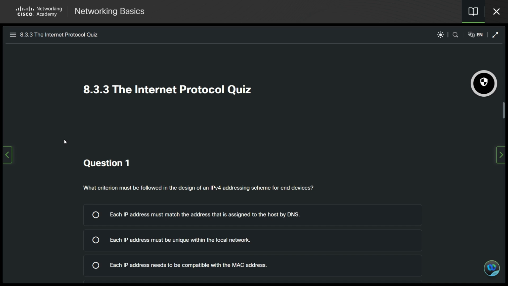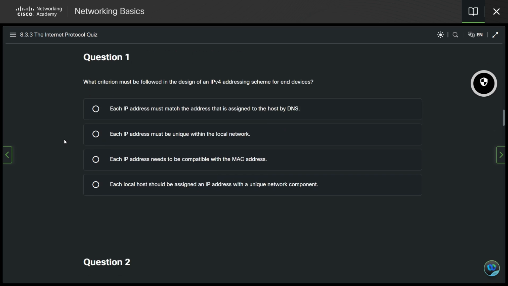Finish with the Internet Protocol quiz. Question 1: What criteria must be followed in the design of an IPv4 addressing scheme for end devices? Each IP address must match the address that is assigned to the host by DNS. No. Each IP address must be unique within the local network.